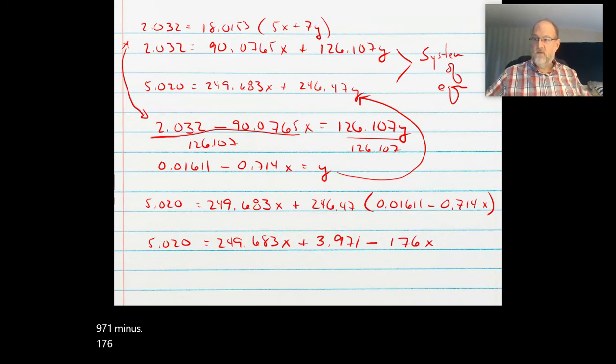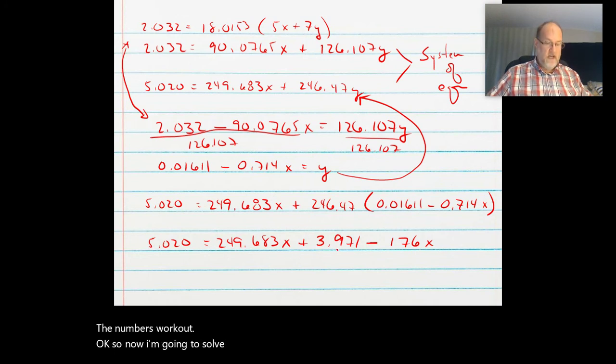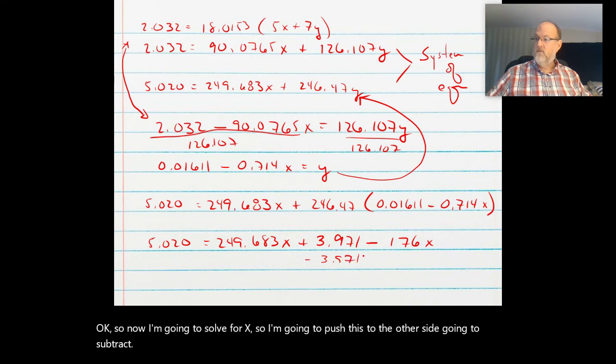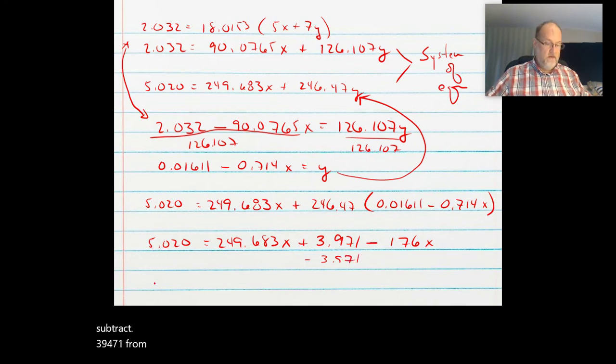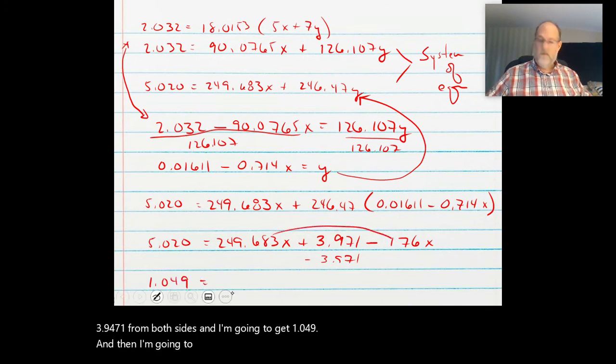Now, I lost some sig figs here, but the numbers work out. Okay, so now I'm going to need to solve for x. So I'm going to push this to the other side. I'm going to subtract 3.971 from both sides, and I'm going to get 1.049. And then I'm going to combine these two together, and I'm going to get 73.68x.